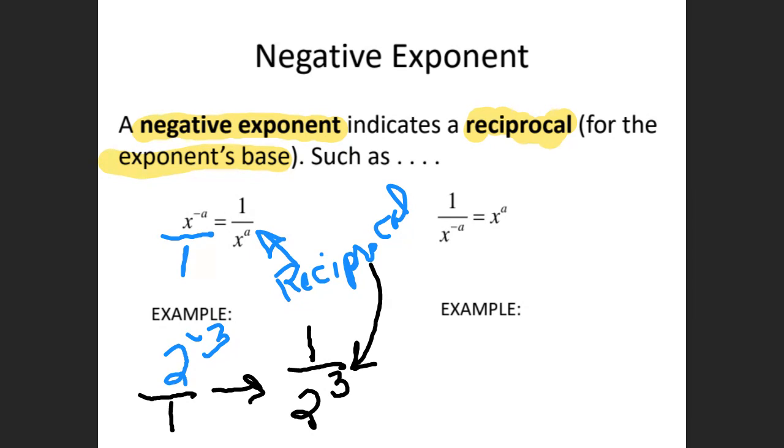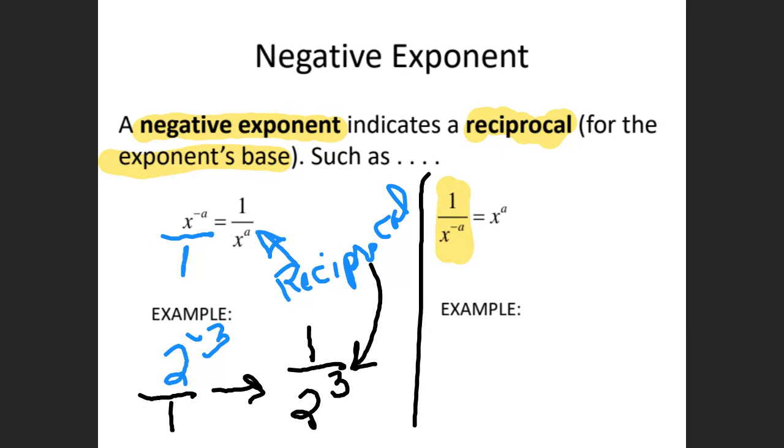Now, the next problem is basically a shortcut. This is saying that I have a fraction. This is 1 over x to the negative a.